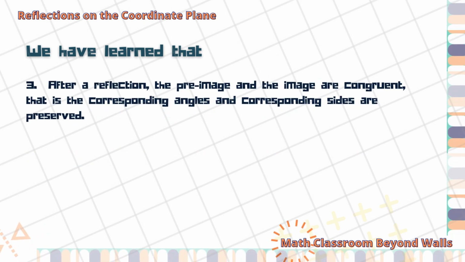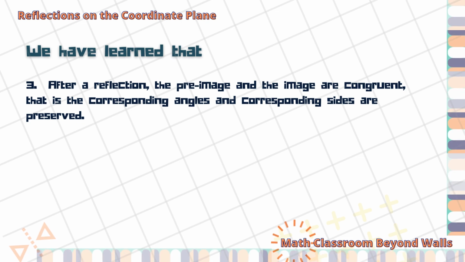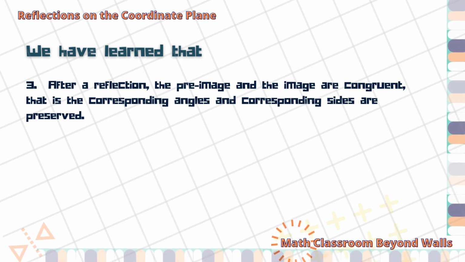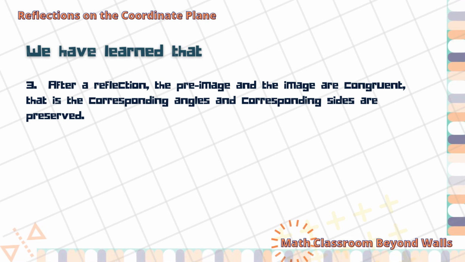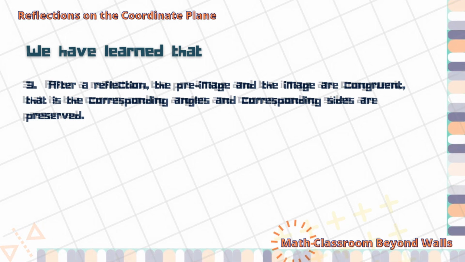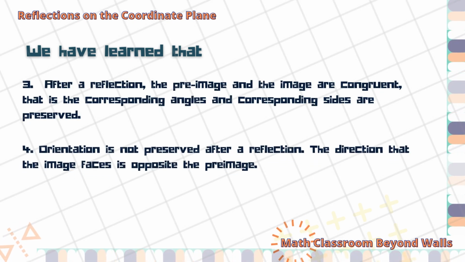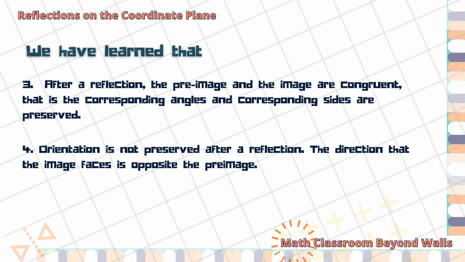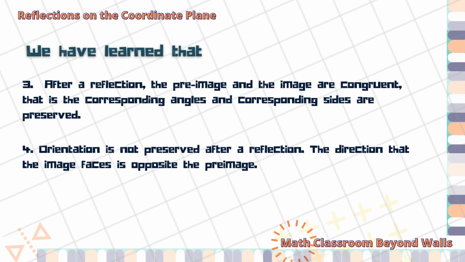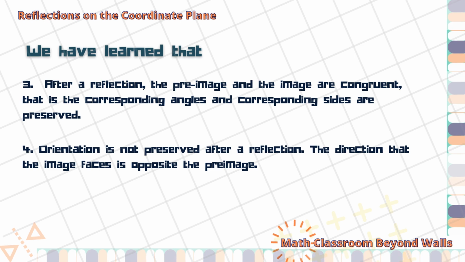Third, after a reflection, the preimage and the image are congruent. That is, the corresponding angles and corresponding sides are preserved. Fourth, orientation is not preserved after a reflection. The direction that the image faces is opposite the preimage.